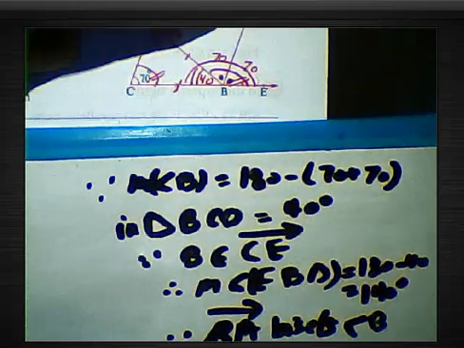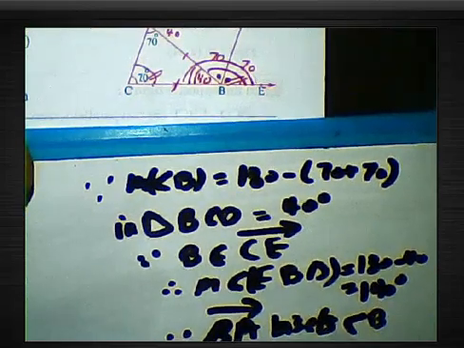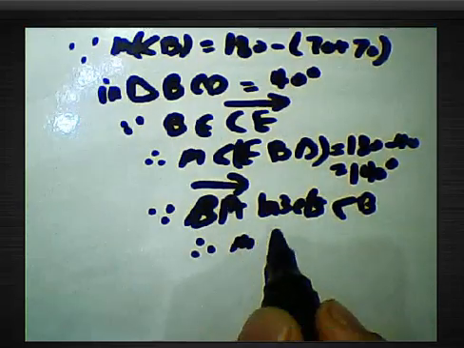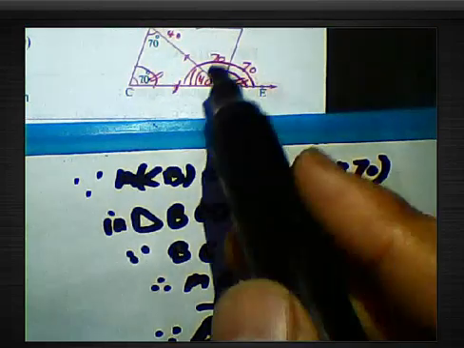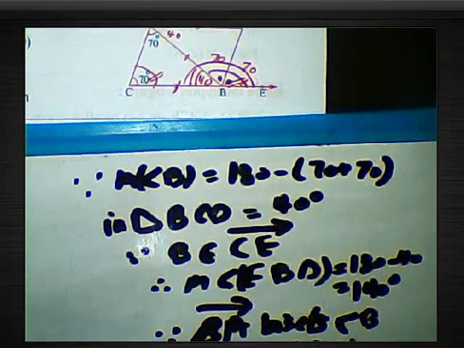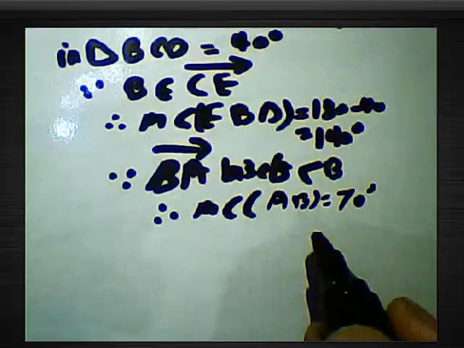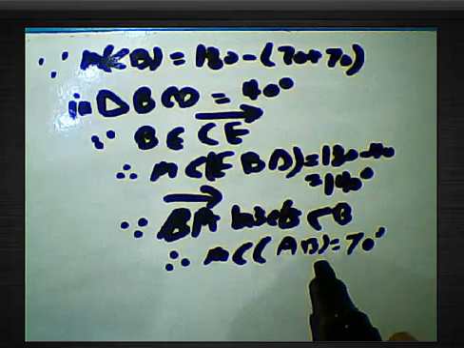Okay, look at here. B bisects angle B, then the measure of angle ABE equals 70 degrees, 140 divided by 2.